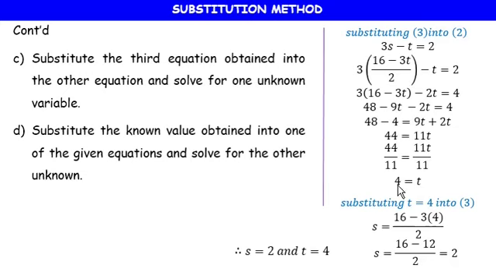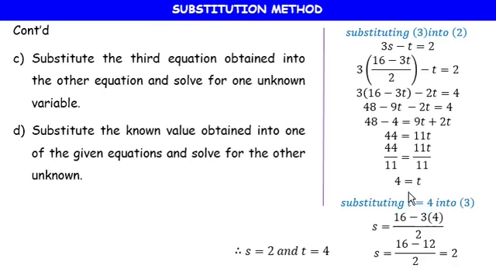Right, so after getting the value of one of the variables, we just substitute it into any of the equations to find the value of the other unknown variable. So wherever we see t, we can pick any of the equations. So let's pick equation 3. So we are going to substitute t is equal to 4 into equation 3, so that we can find the value of s.